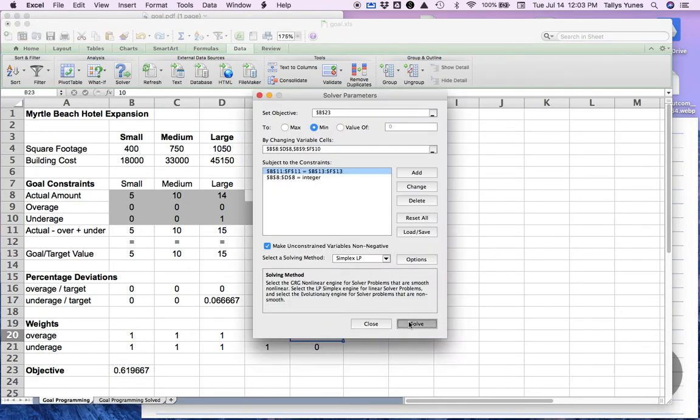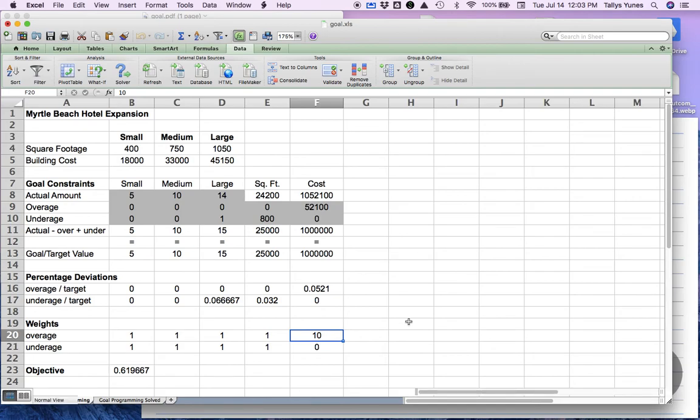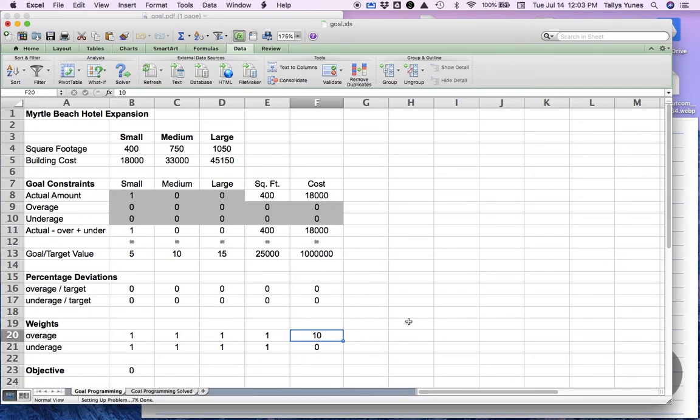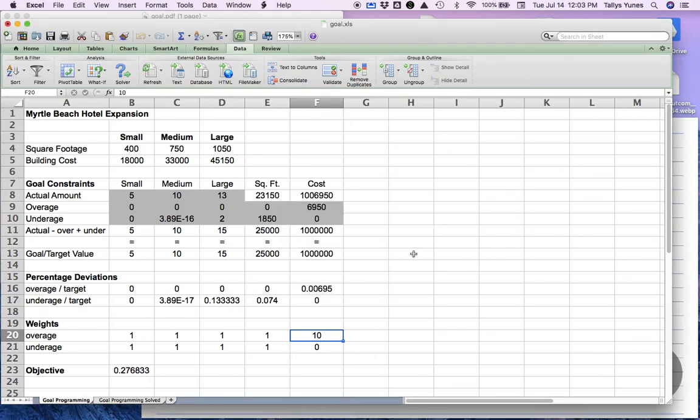And you solve again. And now, maybe Davis will be really happy because we're only over budget by a little under $7,000. However, right, we're under large rooms by 2, and we're under the area by 1850.